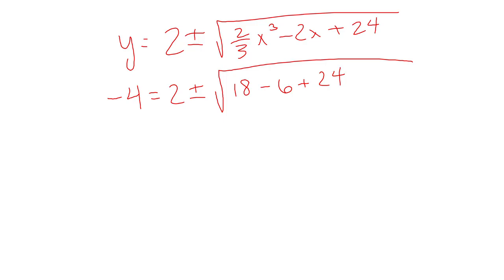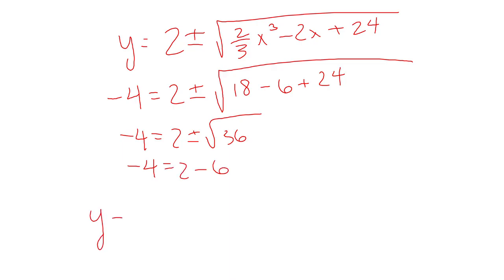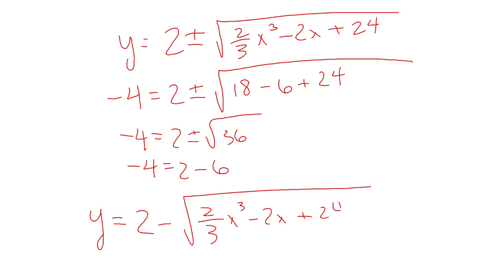So we end up with negative 4 equals 2 plus or minus the square root of 36. Well, to get negative 4 from a 2 plus or minus 6, I need to choose the minus, right? Negative 4 is 2 minus 6. So my final answer is going to be 2 minus the square root of 2/3 x cubed minus 2x plus 24.